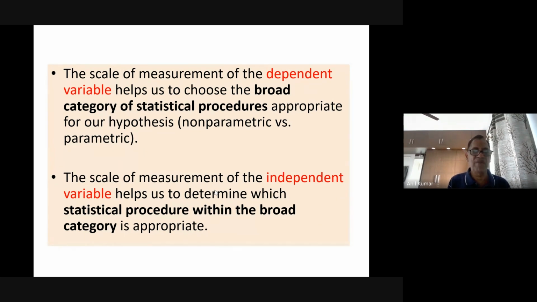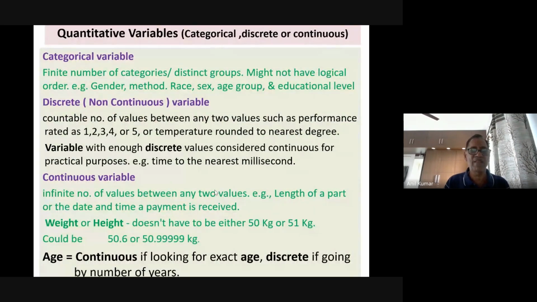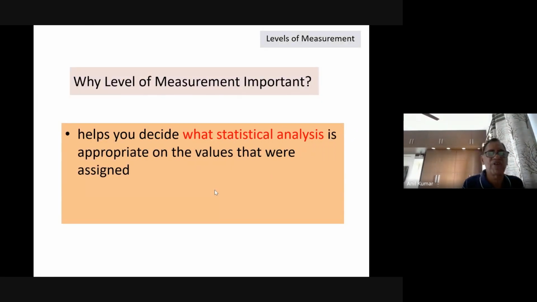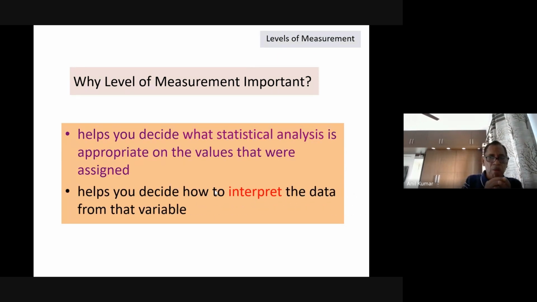So the scale of measurement decides this. Now look at why level of measurement is important: because it helps you decide whether to go for parametric or non-parametric. And once you have applied the test to the data, you will be able to interpret the data properly, because you know very well the level of measurement of the data.